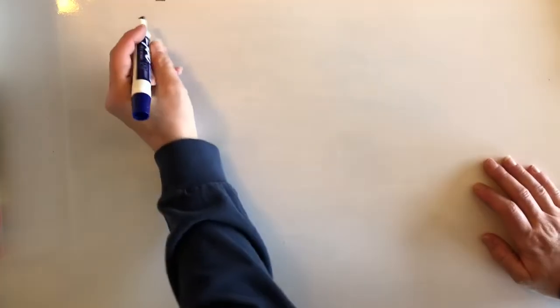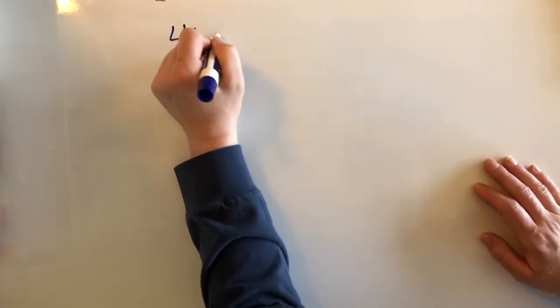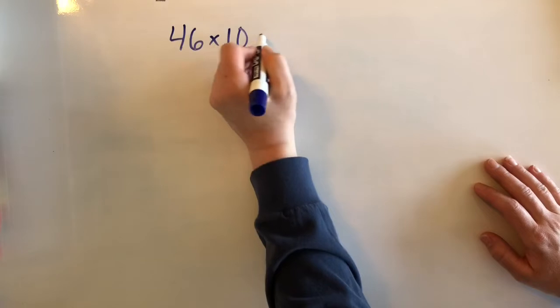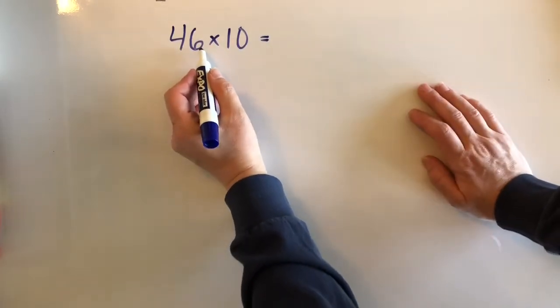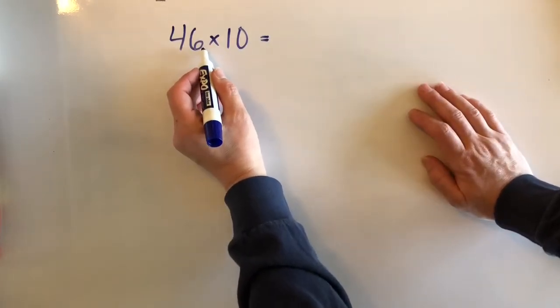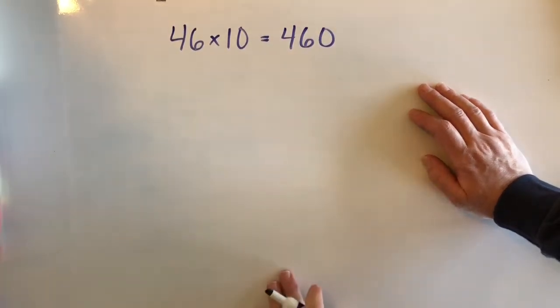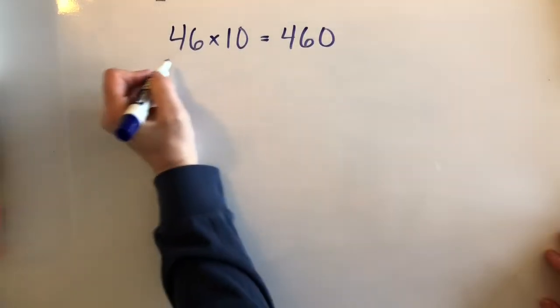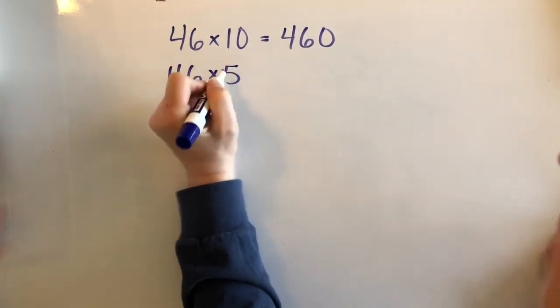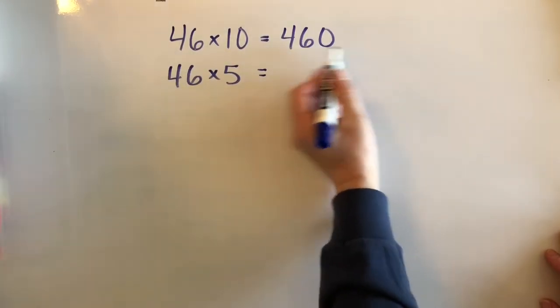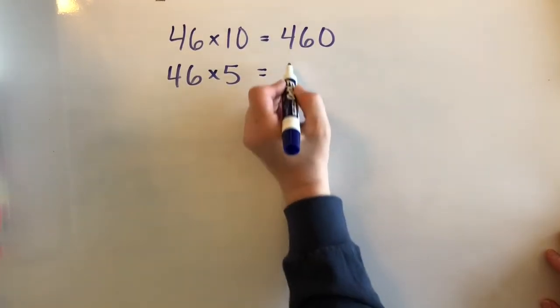All right, for the last problem today, we are going to do a multiplication problem string to help us solve a division problem. I'm going to start here with 46 times 10. We learned that when you multiply by 10, it simply moves the decimal spot once to the right, so I'm going to add a 0. So 460. If I want to know 460 times 5, 5 is half of 10, so it should be half of this 460.